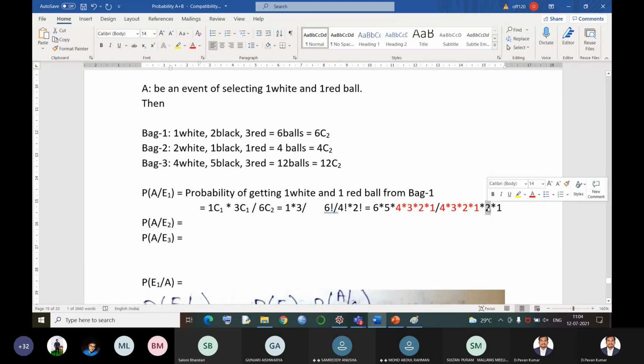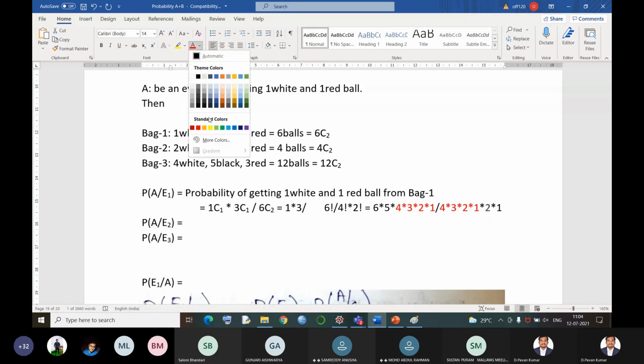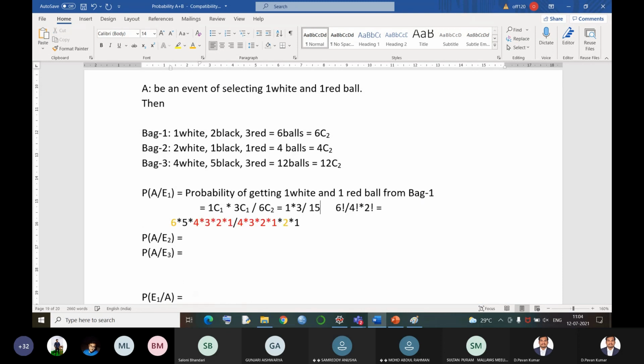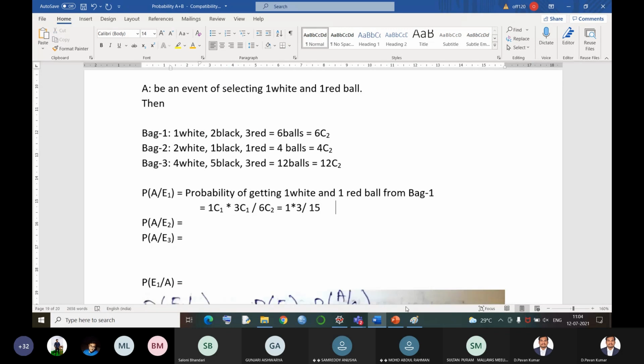Next, 2 and 6: 2 threes are 6. What is the remaining value we get here? 3 into 5, 3 fives are 15. So the denominator will be 15. The 6C2 answer is 15. It's only for the calculation purpose I have done this. Okay. 6C2 is 15, so 3 by 15 means 1 by 5, which is 0.2. Okay. Now, next one.